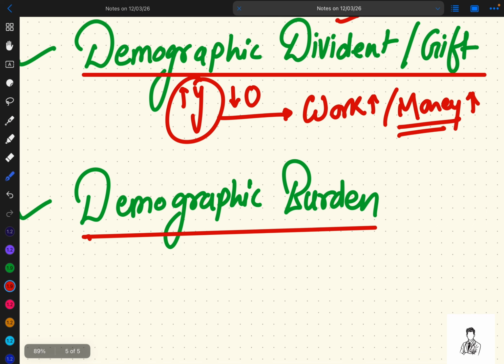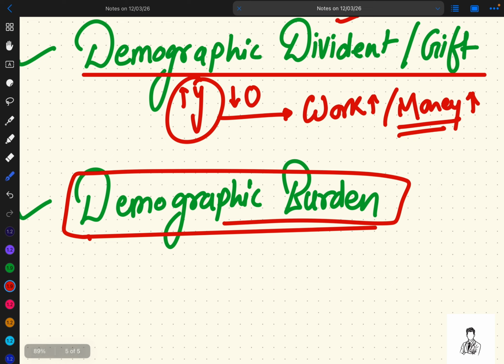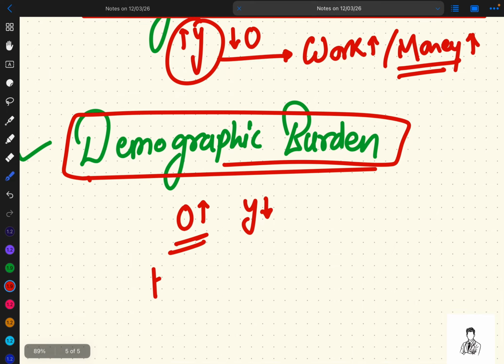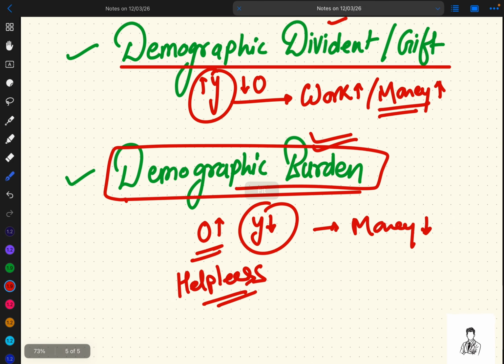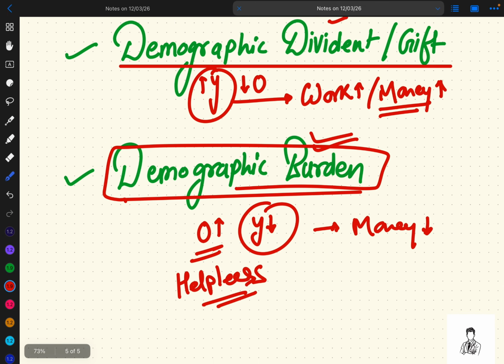But the scenario turns upside down in demographic burden, where the older population is more than the younger ones. The older population is helpless, they can't bring in as much money as the young. So money is less and it becomes a burden, hence it is called demographic burden.